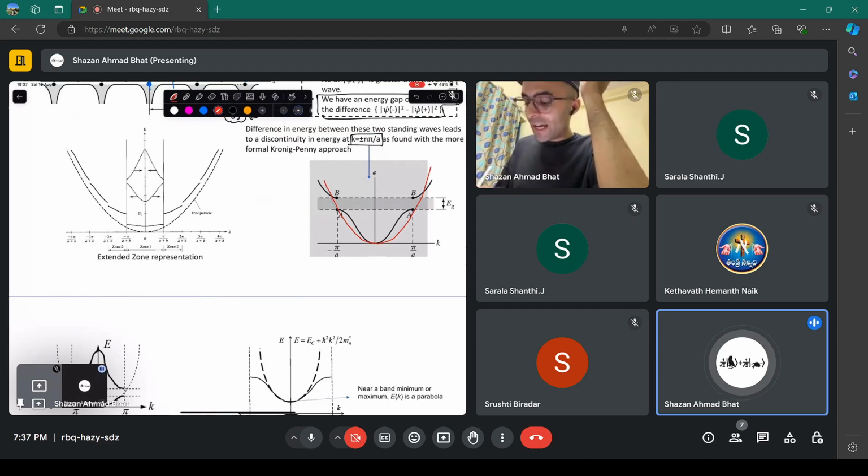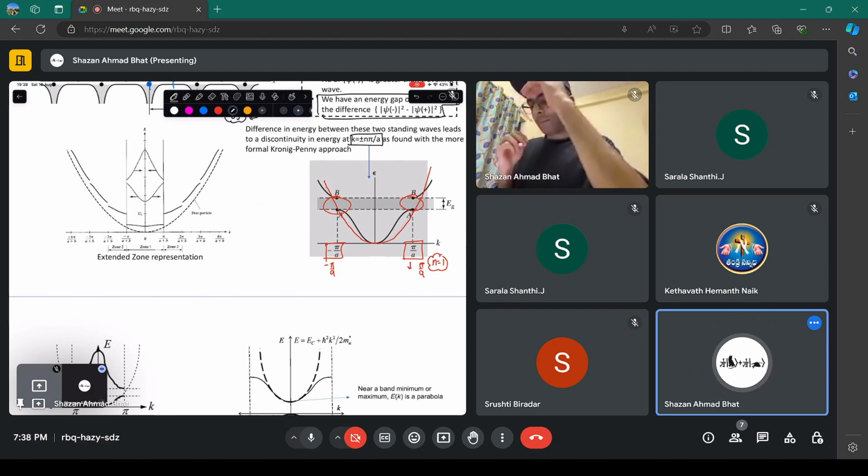Now exactly at the positions where k is an integer multiple of pi by a, this is pi by a, this is minus pi by a, that means for these two regions n equals 1. At the region where k is an integer multiple of pi by a, there opens up a gap in the energy spectrum, in the energy diagram. And that is this particular gap, which is the band gap, Eg.